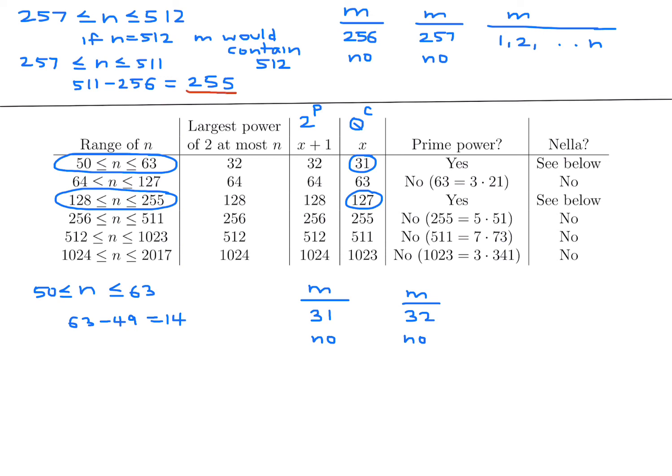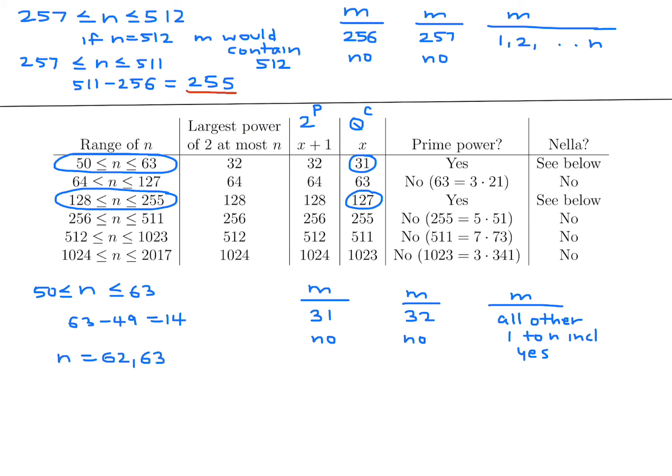This is a no and this is a no, not divisible. But m divided by all the other guys, from 1 to n inclusive, that would be a yes in terms of divisibility. Okay, well, most of these 14 are okay, but there's two that are not. And those are 62 and 63.